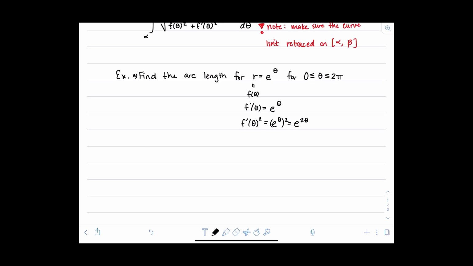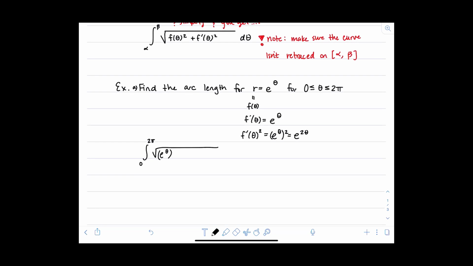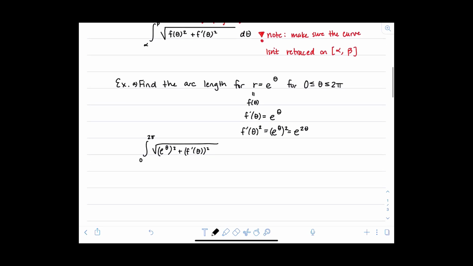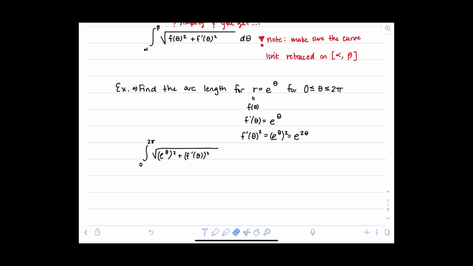So let's go to our formula. 0 to 2 pi, and then plugging into our formula we get the square root of f of theta squared plus f prime of theta squared, which we already calculated was e to the 2 theta, d theta.